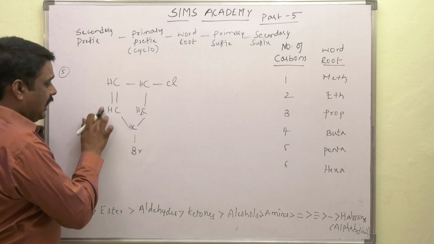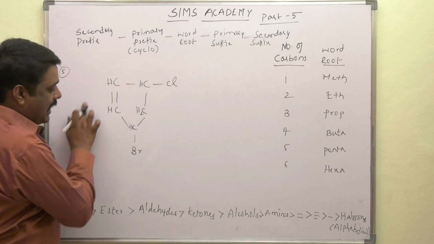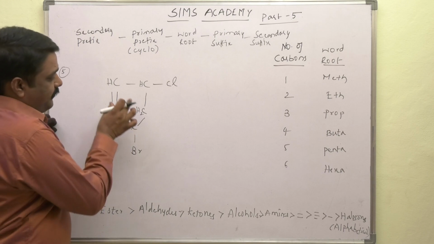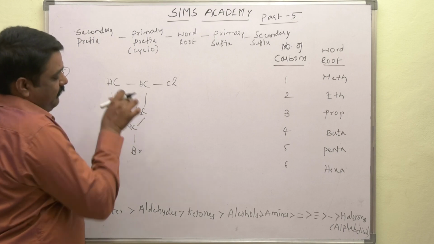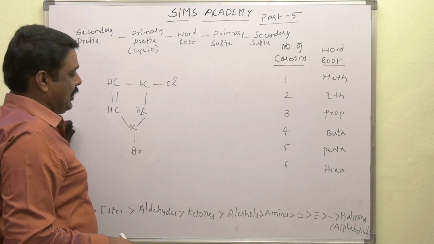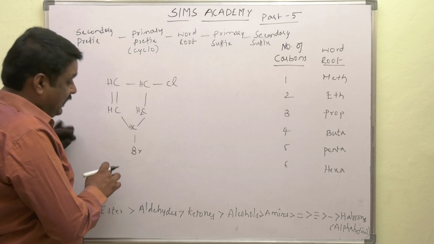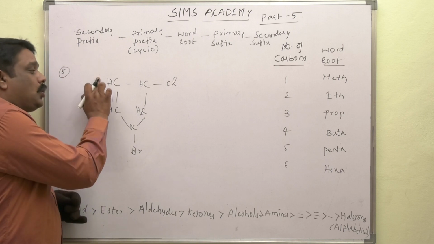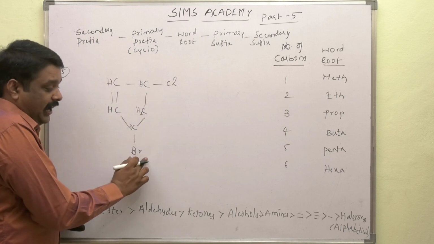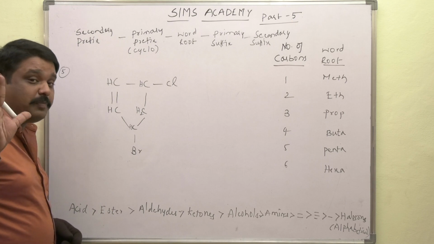Okay? Got it? Okay. Now your first priority must be given to double bond. After double bond, bromine. If I give numbering from this end, 1, 2, 3, 4, 5, we get number 5 for bromine.